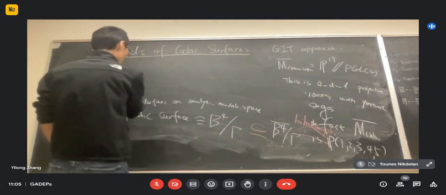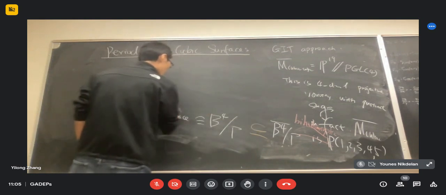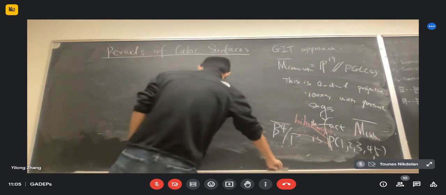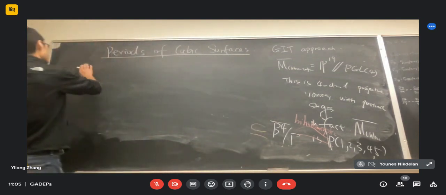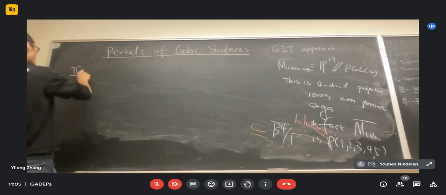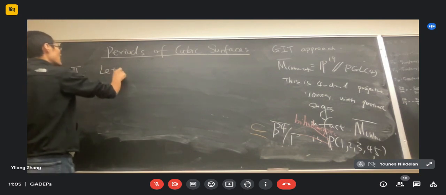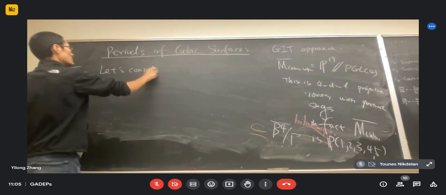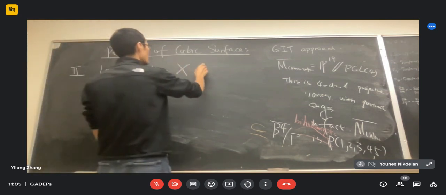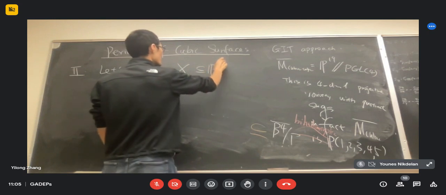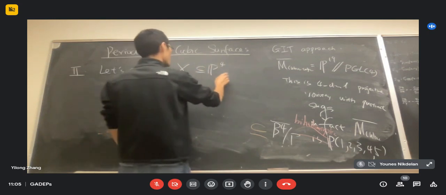So now let's consider the following question. Maybe this is part 2. So let's consider a cubic threefold.